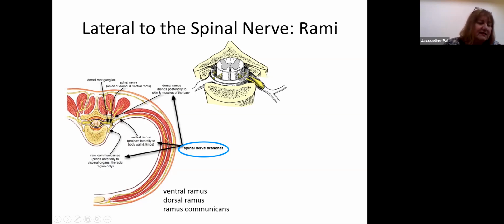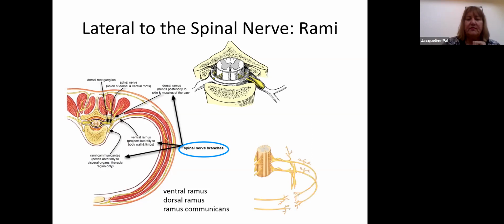And what that does is that comes immediately anterior just to the side of the bodies of the vertebrae. So it's a very short branch. Okay.